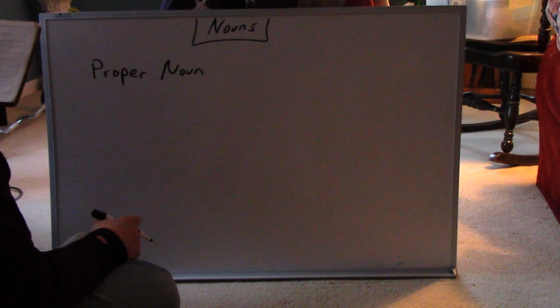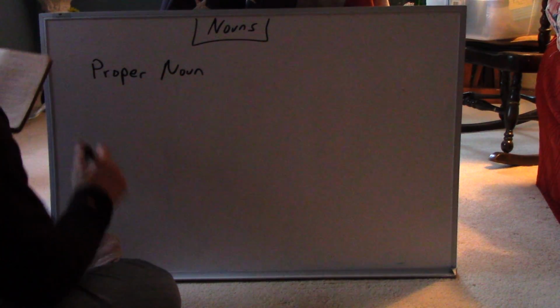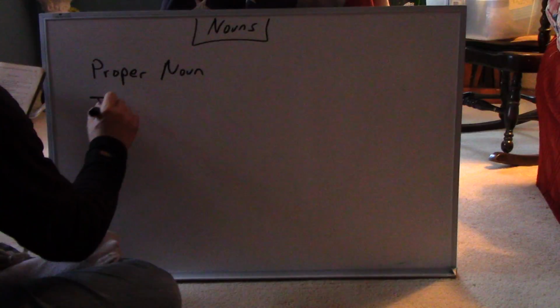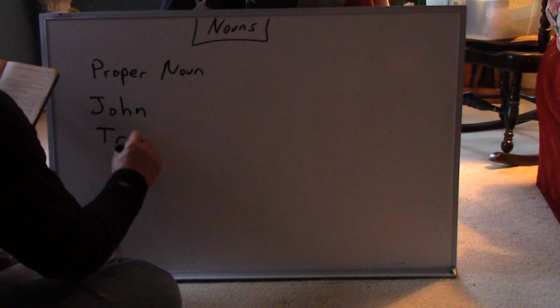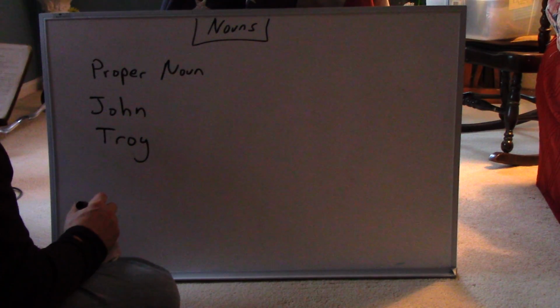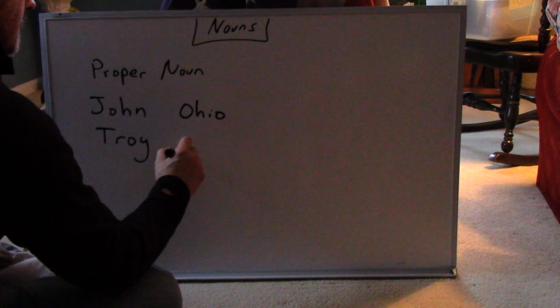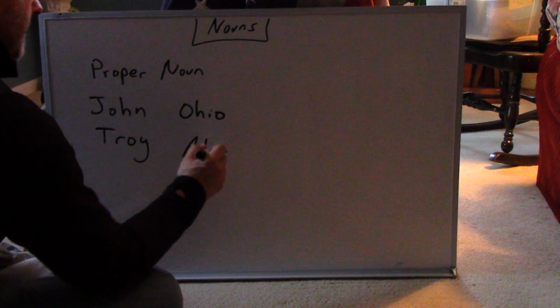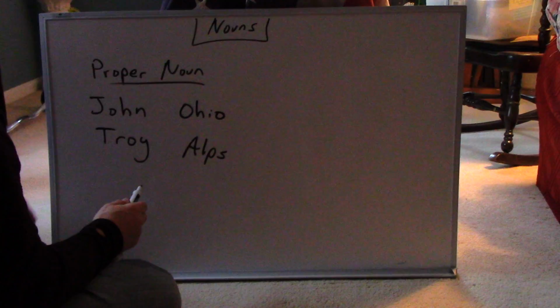So it's a particular thing, like John, or Troy, like in the Trojan War, or Ohio, or the Alps, which is a mountain range. So a proper noun can be any of those things.